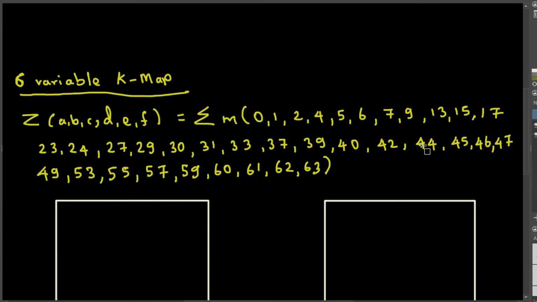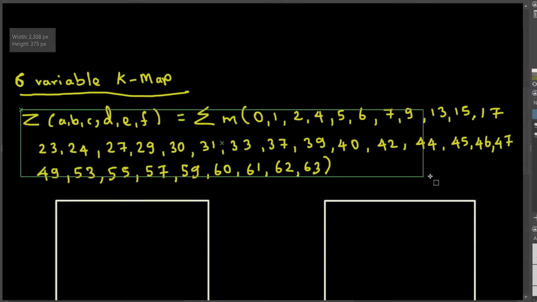I had to shrink this, so I had to do something for it. I'm going to copy this one.